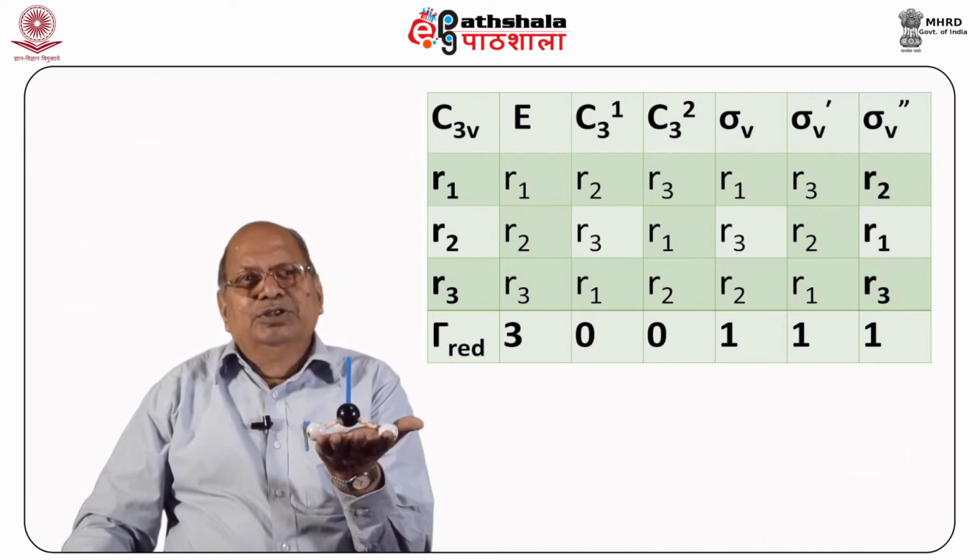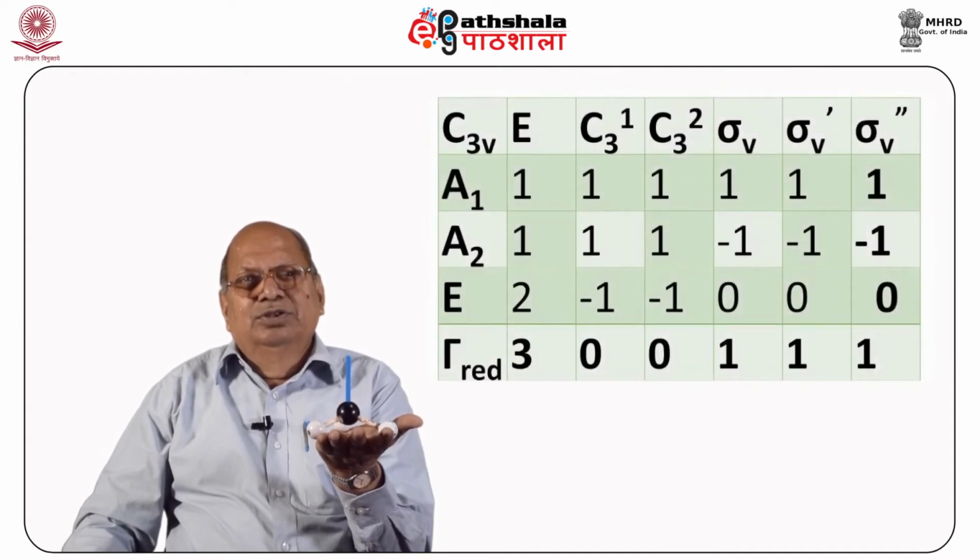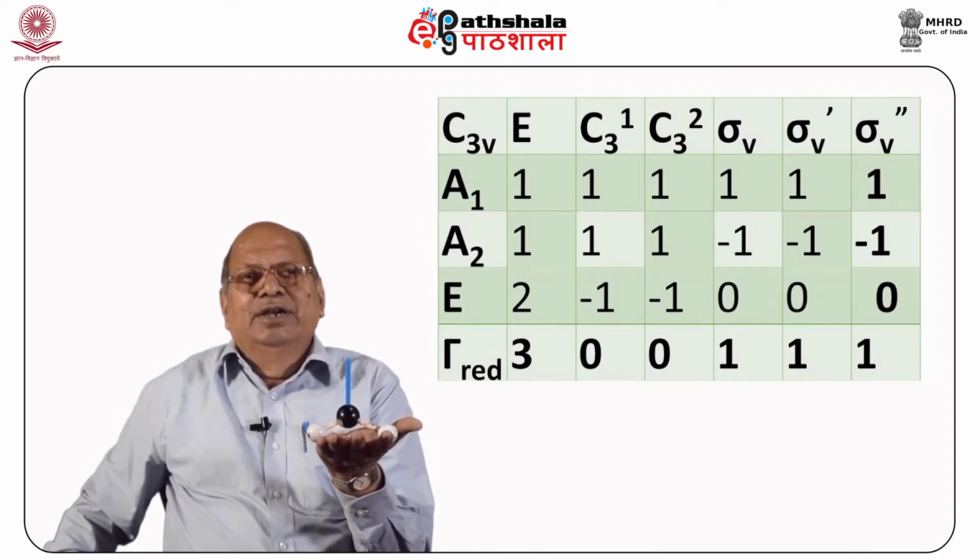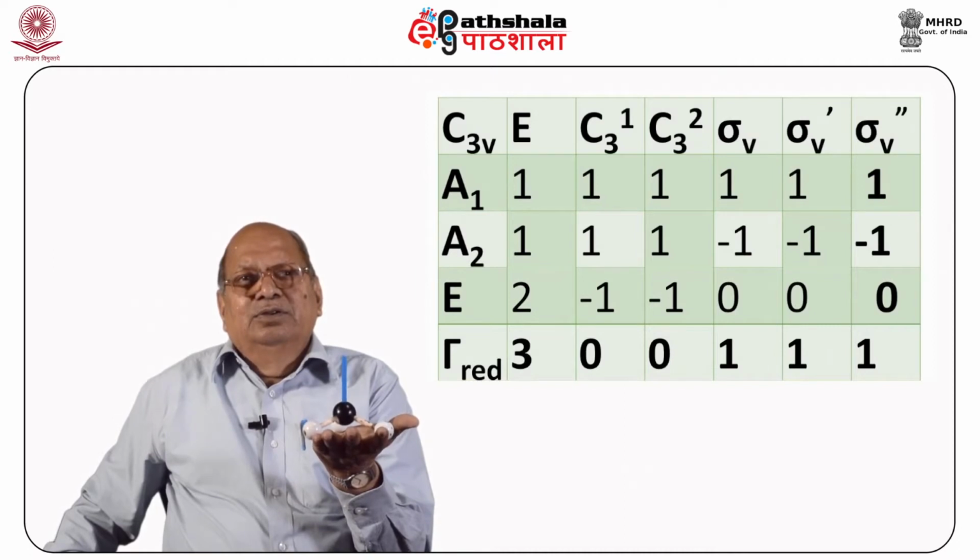The last row of this table gives me gamma reducible, which gives me the figures as 3, 0, 0, 1, 1, 1, and I have explained to you how you can get this gamma reducible, that is just by knowing whether the vector is shifted or not shifted.